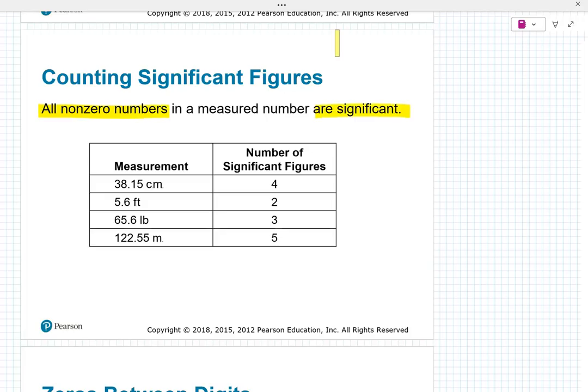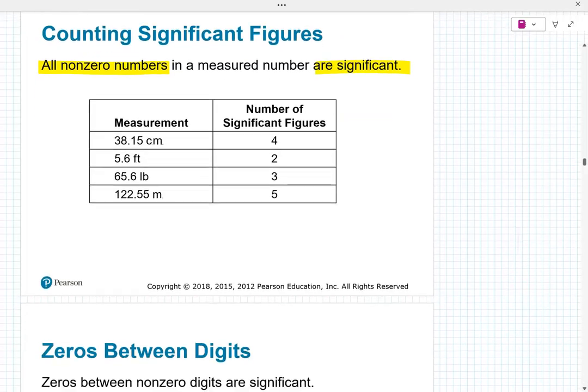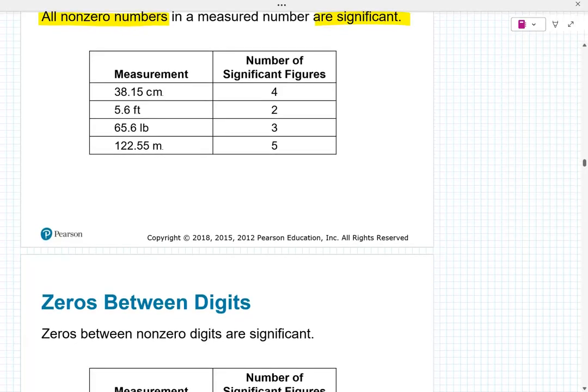No matter where, if it's not a 0, it is a significant figure. Okay? So this example shows you 4 different numbers. All these numbers do not have zeros. So, for instance, this number has 5 significant figures. Okay?